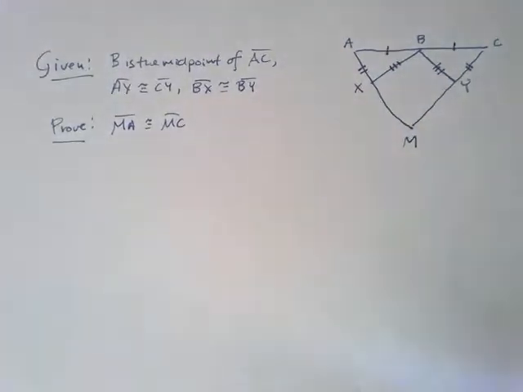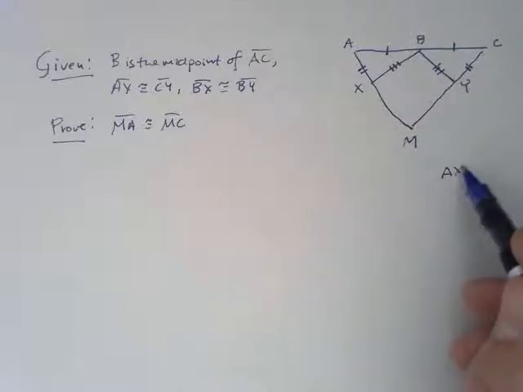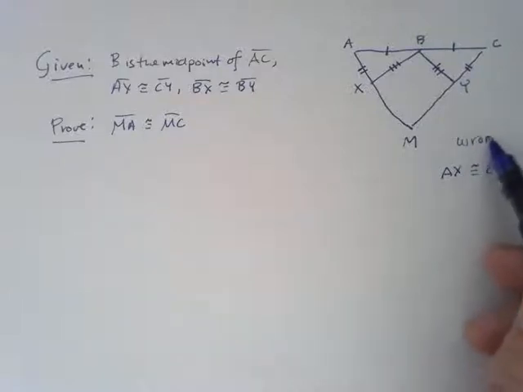Now, one thought that students sometimes have, and this is incorrect, is they say, well, we know AX is congruent to CY. Let me make a little note, this is wrong.